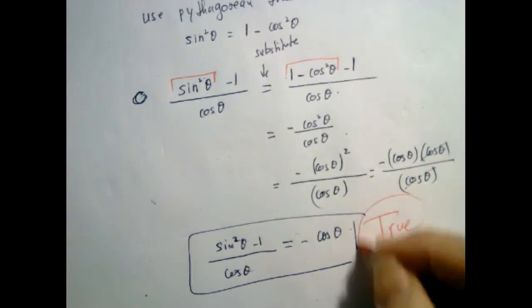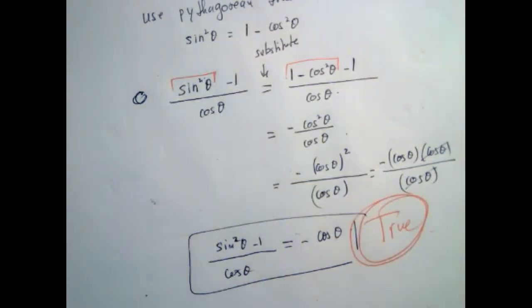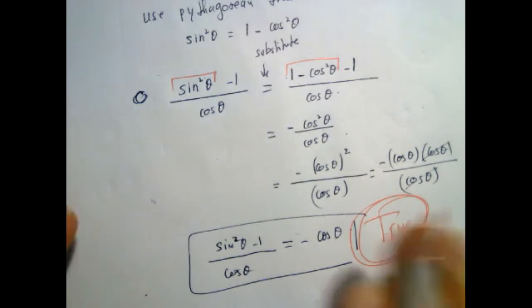So this is absolutely a true statement. In this problem, we had to do the math to be able to reach minus cosine theta. So it's absolutely true. Be very careful.